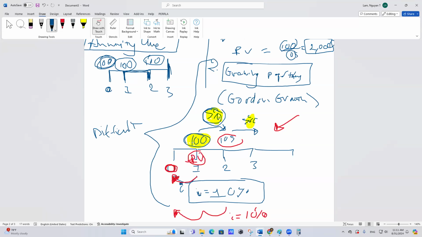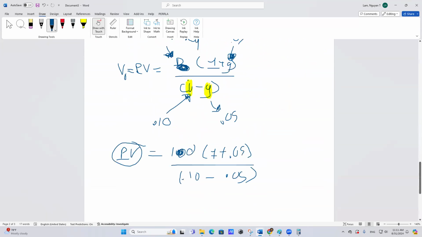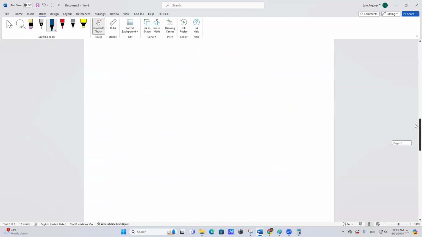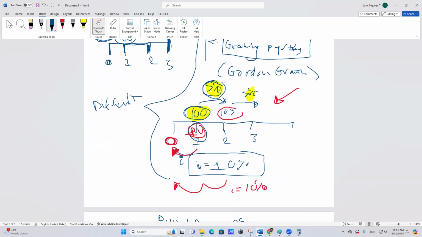When you find the present value, the V0 that you find is going to stay at year 1.